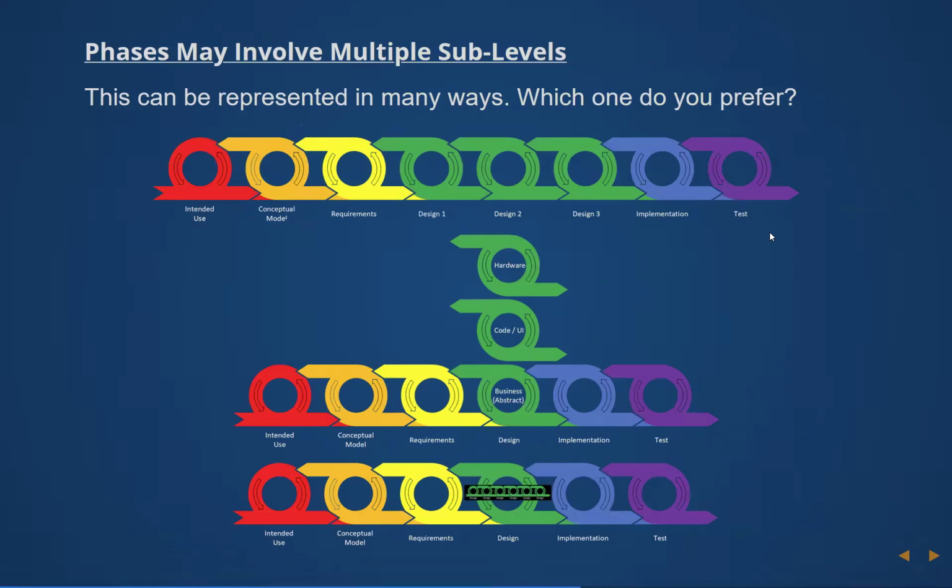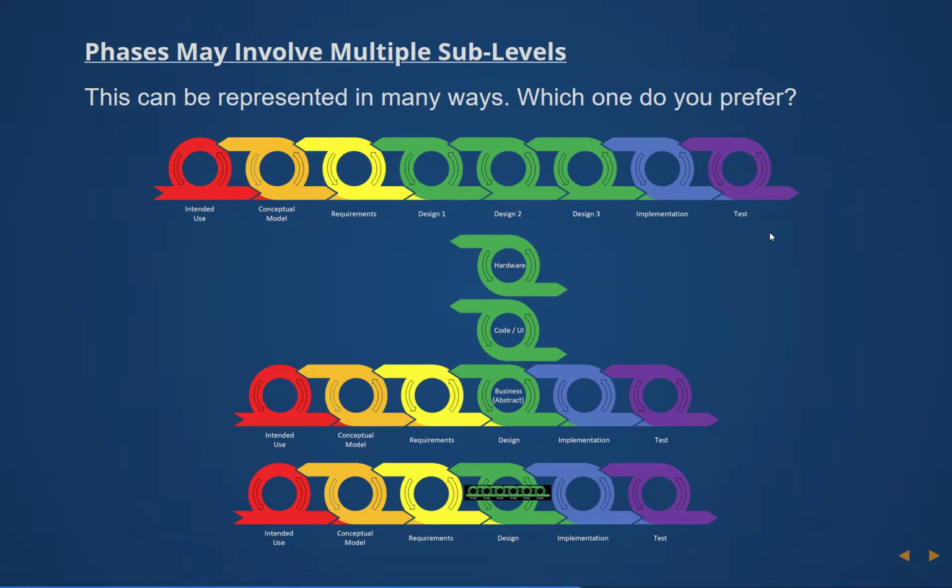All right. Another thing to think about is that work in any individual phase may have multiple layers to it. I'll give some examples on the next page. This can happen in almost any phase.